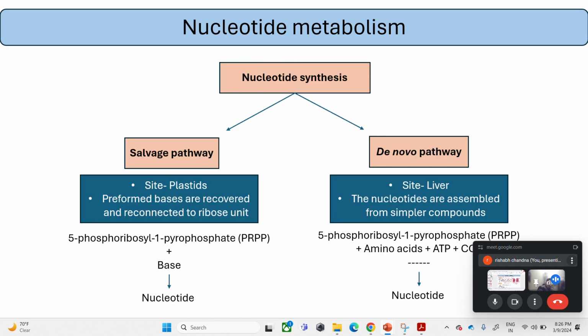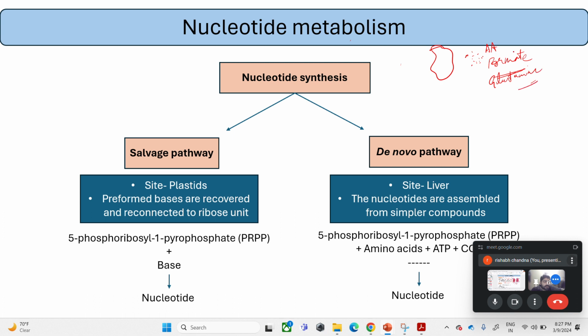First we'll talk about nucleotide synthesis. We basically have two pathways for nucleotide synthesis: one is the salvage pathway and the other is the de novo pathway. The de novo pathway is when you synthesize the whole nucleotide from small molecules, for example different amino acids and different groups, such as formate and glutamine.